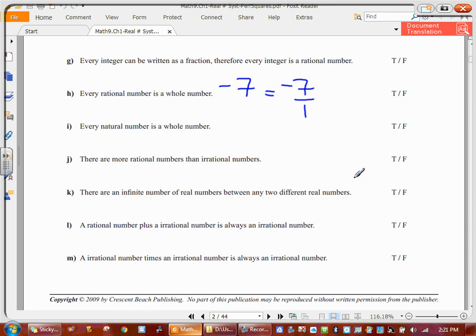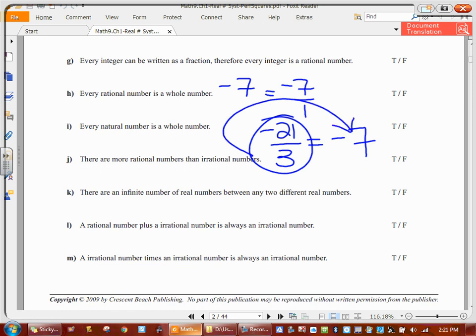So if I've got, let's say, -21/3, this is written as a fraction, but I can solve the fraction, and you have to solve the answer always. So this would be -7. So the way it is written right now, it's written as a fraction, but when it simplifies, it's going to simplify to an integer.